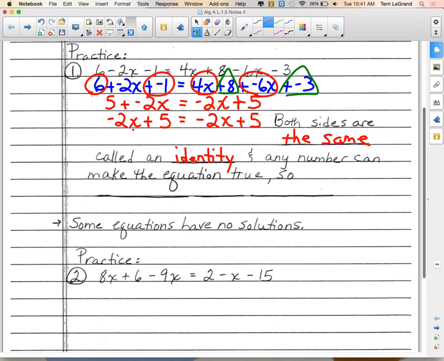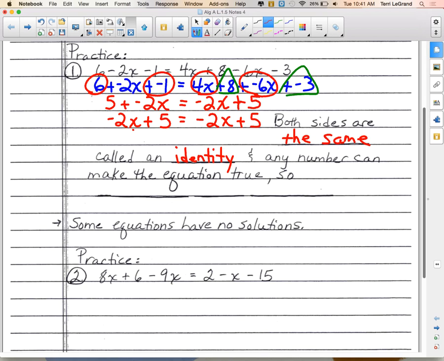No, the x got replaced with 6. So 6 got put in for x, multiply it by negative 2, we get negative 12. What's negative 12 plus 5? Negative 7. Would that same thing happen over here? Yeah, we'd end up with negative 7 equals negative 7. True, right? So it makes it true.